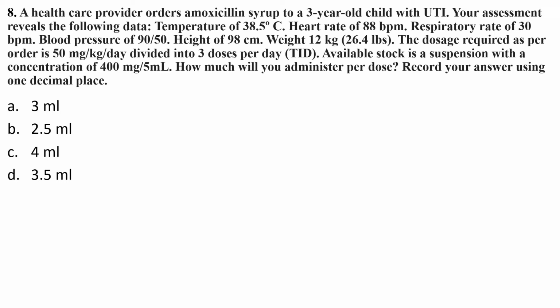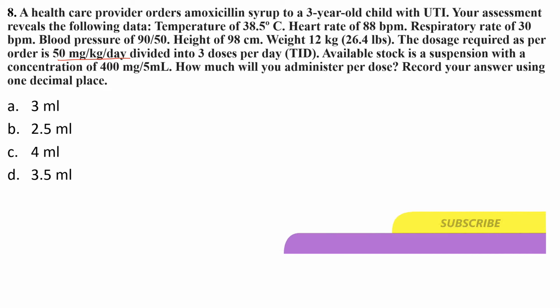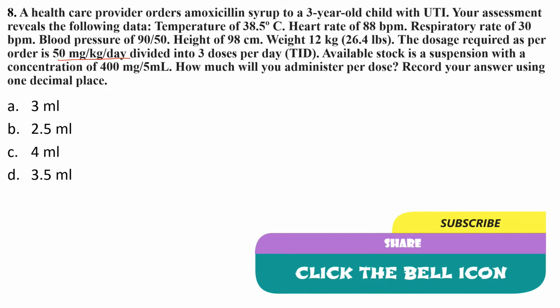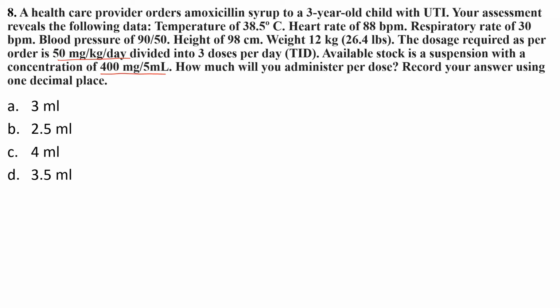The dosage required as per the order is 50 mg per kg per day, to be given in 3 divided doses, that means 3 times in a day. The available stock is in suspension form with a concentration of 400 mg per 5 ml. How much milliliter will you administer per dose? Record your answer using 1 decimal place. Option A 3 ml, option B 2.5 ml, option C 4 ml, option D 3.5 ml.